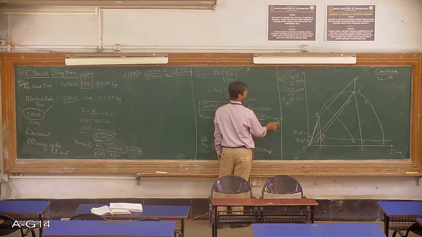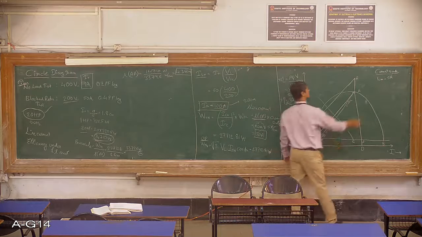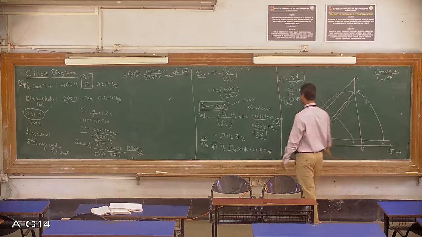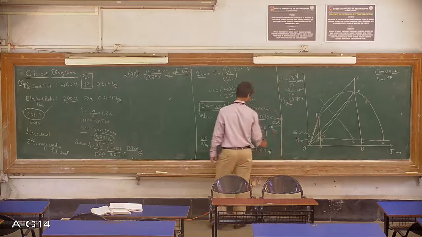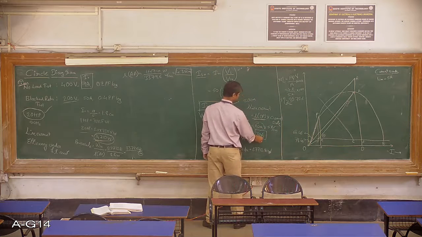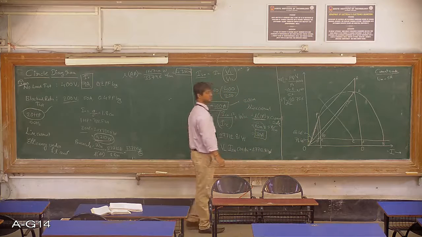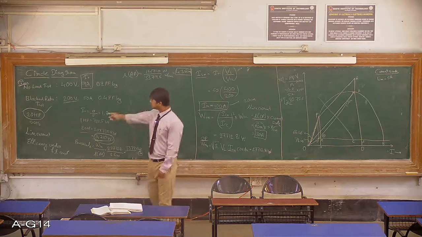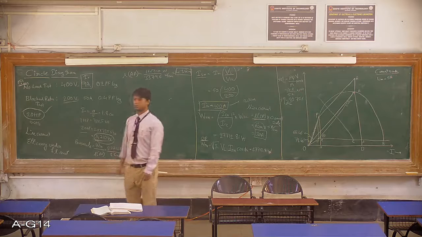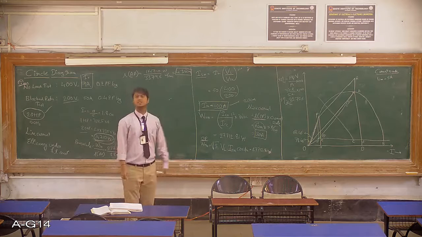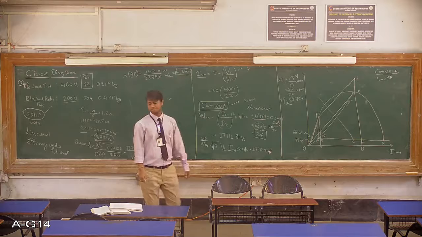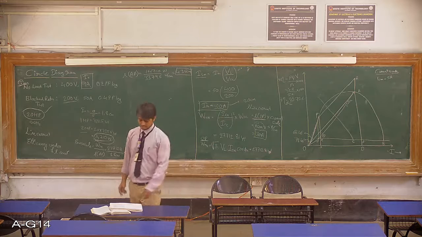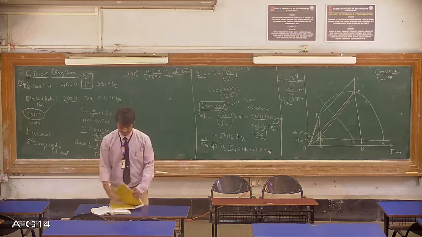We had taken current scale as 1 centimeter equal to 5 amperes, so this results in 30 amperes. They had asked us to calculate line current and efficiency under full load condition, and here we have the results. Few more numericals we will be solving in upcoming classes. Thank you.